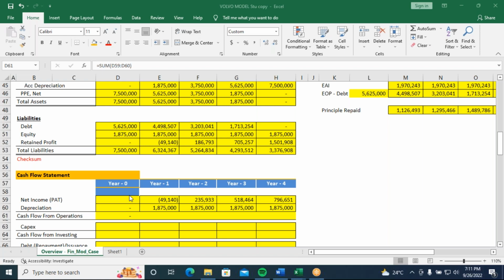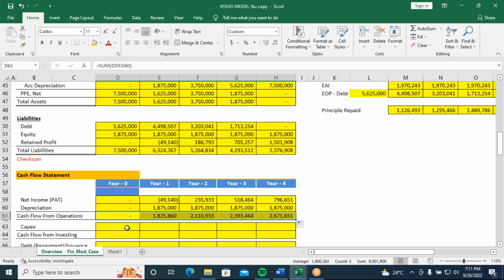So I'll come to know what is the actual cash flow that has happened for year one. Thereon it follows. Understood?